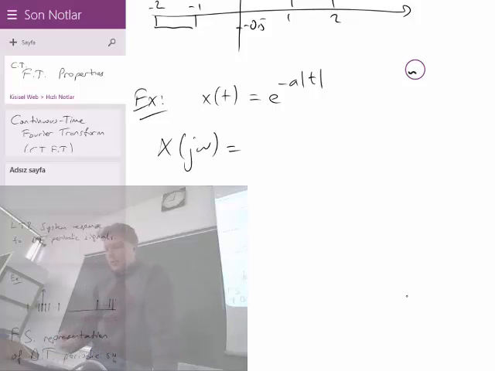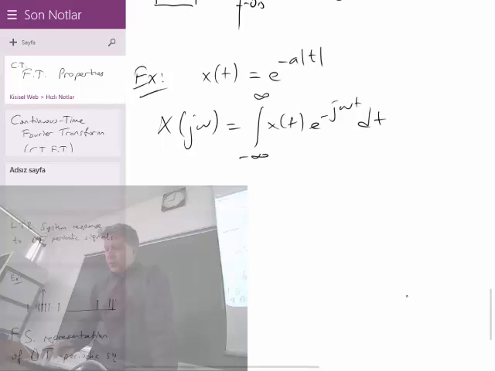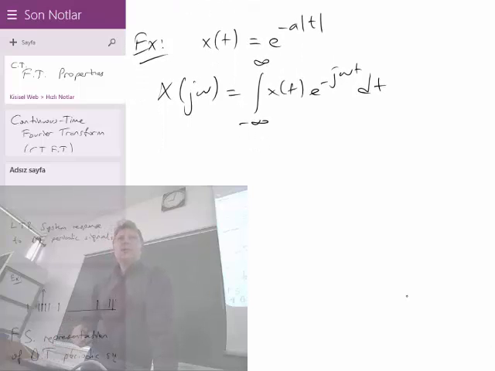We can evaluate the Fourier transform, if you want to remember the formula, which was this. And when you substitute this signal into the formula, you will see that it has different characteristics for positive and negative t. So the boundaries of this integration should better be split into two, like from minus infinity to 0 first.